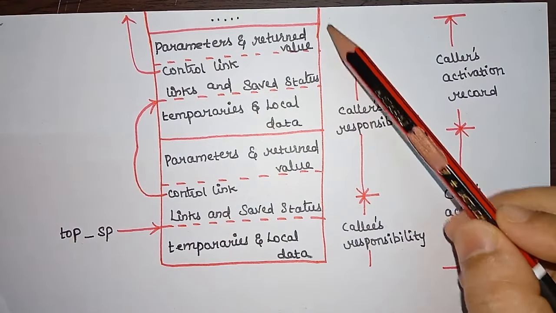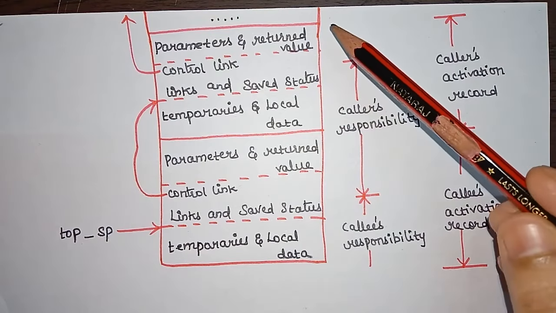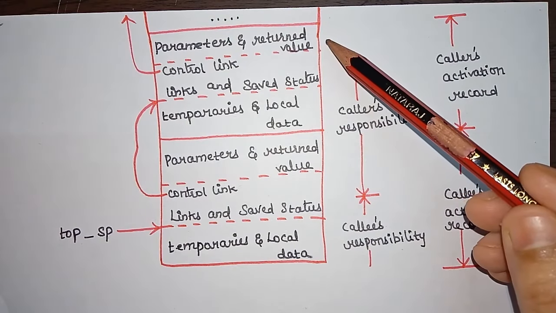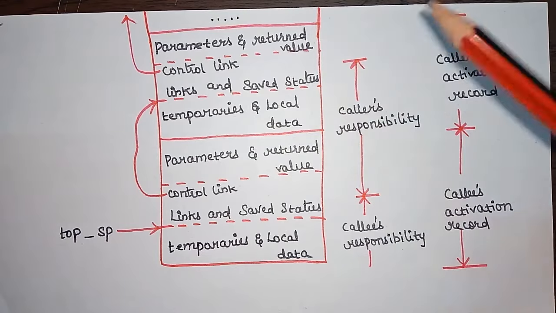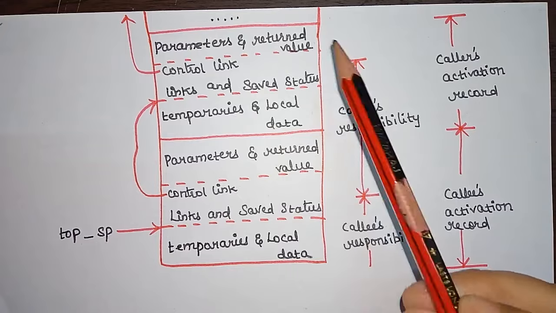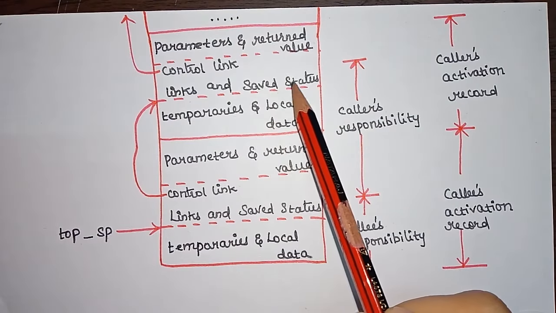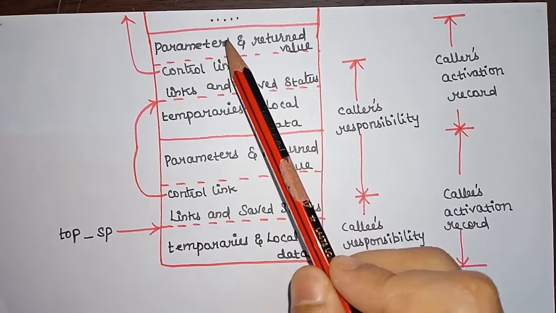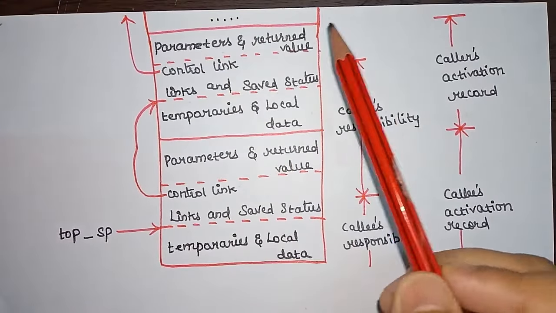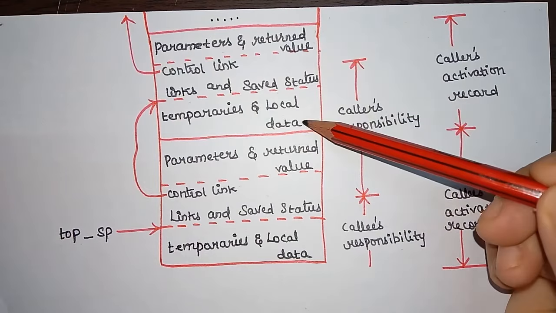If you look at this activation record, we know some data is inside it: it contains temporaries, then local data, then access link, control link, then some machine saved status, then actual parameters and returned values. So these are all the data that is present inside the activation record.